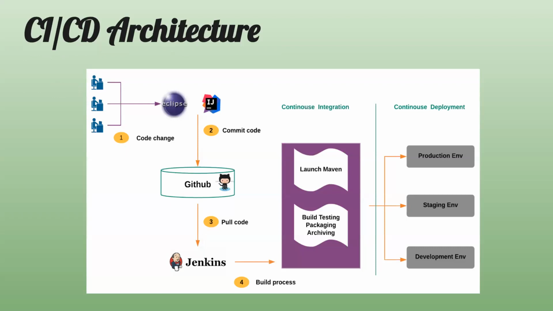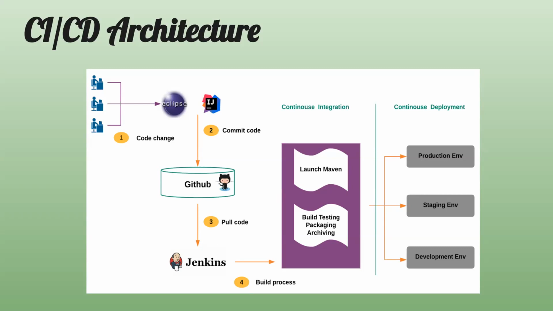Basically, software developers make the code changes. They develop their code through their favorite IDEs, and then these IDEs can be connected with GitHub or whatever kind of source code management software service.